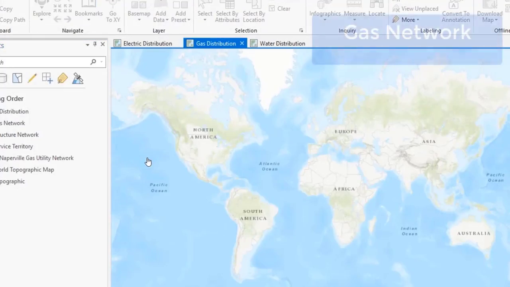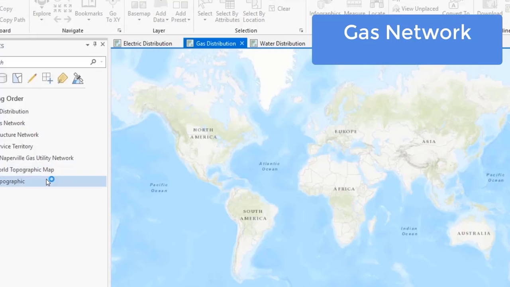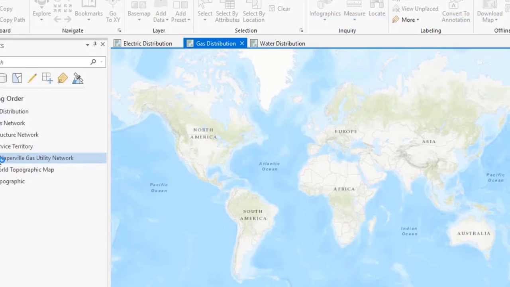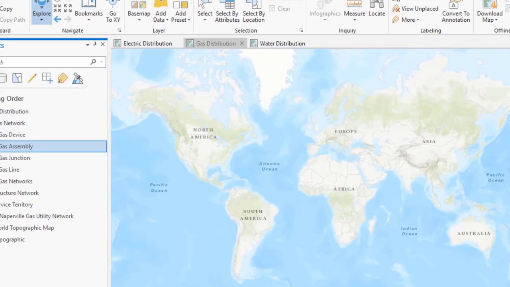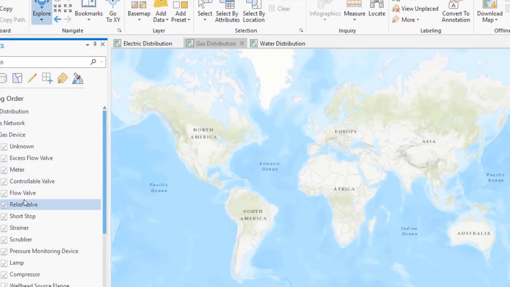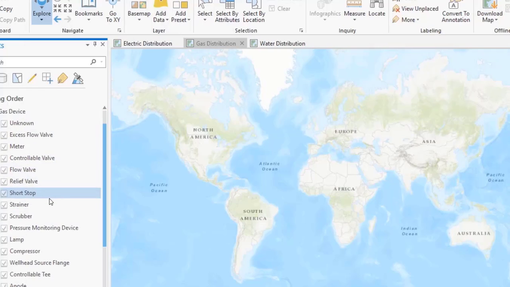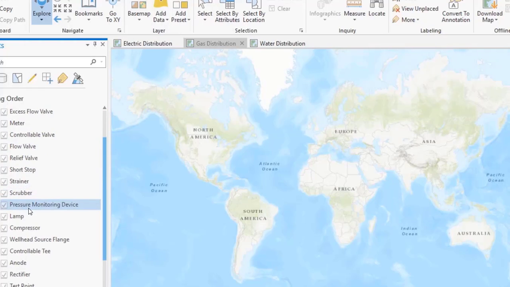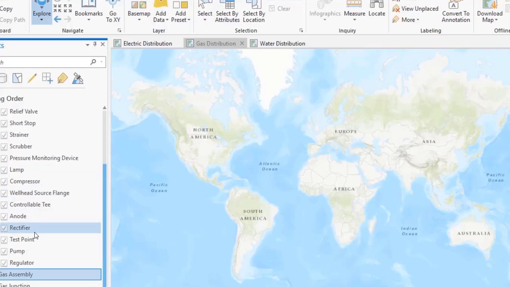Now let's look at a gas network. Looking at a gas network, it looks like this network is unconnected, but I could still go through the properties of the layer. So remember, we've got operational devices. For a gas, that means valves, scrubbers, pressure changers, things that consume or transmit or modify load in any way, shape, or form.